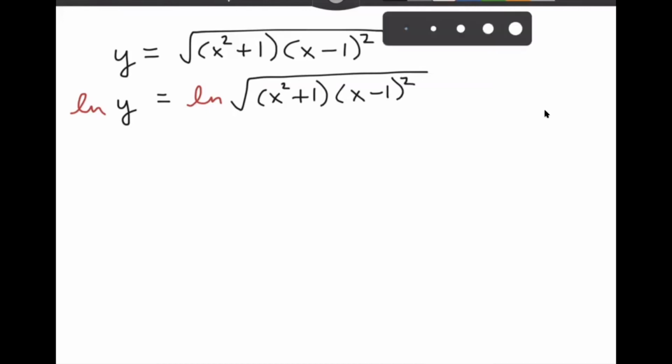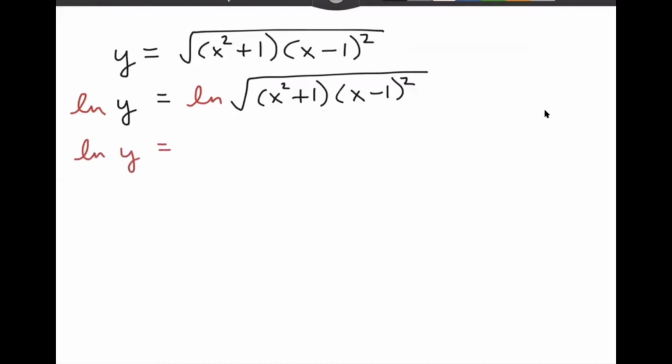And I think I'll keep using red here. So we have natural log y equals, and the first thing I'm going to do is turn that square root into a 1/2 power. So the natural log of x squared plus 1 times x minus 1 squared to the power 1/2.